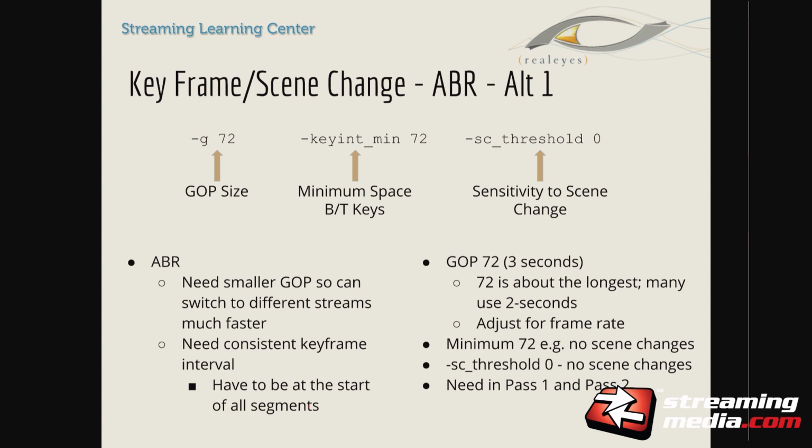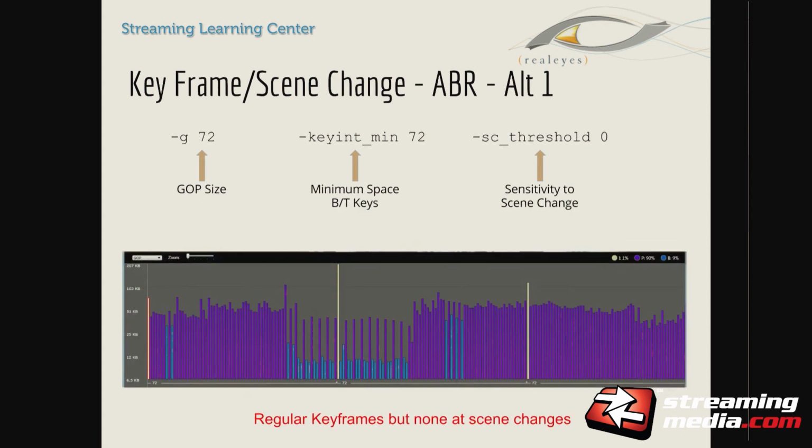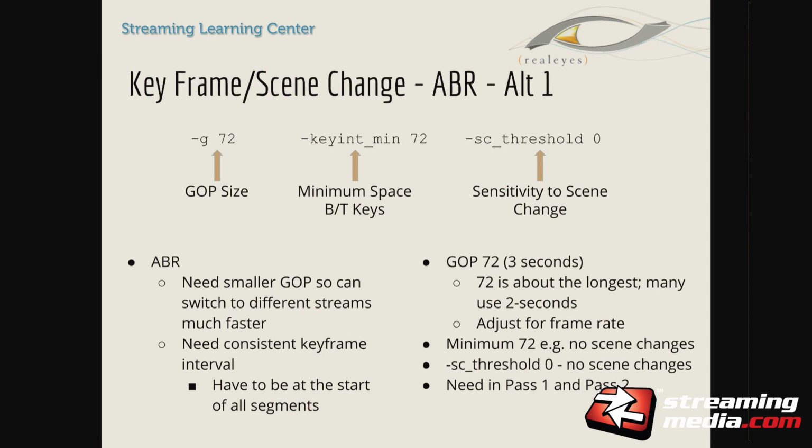Keyframe interval minimum 72, which basically says I don't want any keyframes between the 72 frames that I'm designating for the keyframe interval. And you set the scene change threshold to 0, which means, even if you could put any in, I don't want you to put any scene change detected keyframes. And you need to include these in both pass 1 and pass 2.